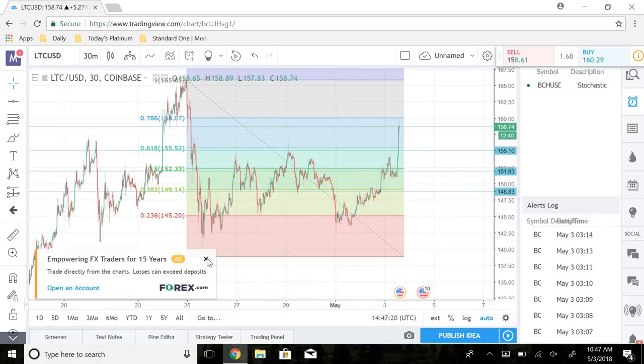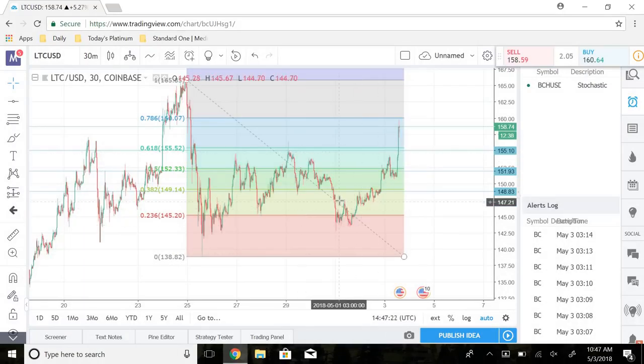But this tool is just a really easy and simple tool to understand, and also to understand how to place these sell levels and look for different support and resistance levels so you guys can get better entries and also better exits. So that's basically all you need to know about the Fibonacci retracement levels. There's a lot of different ways to use it.